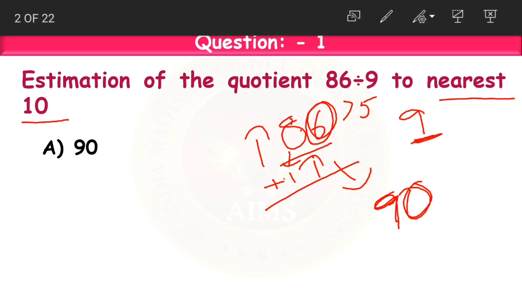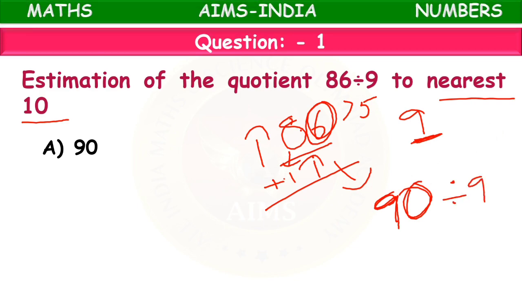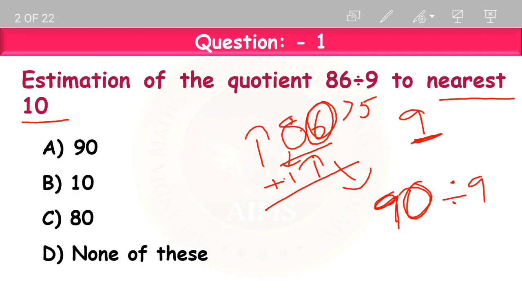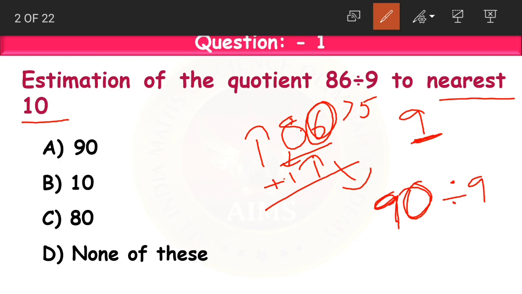What do we have now? 90 divided by 9. Now let us look at the options. Option A 90, option B 10, option C 80, option D none of these. Again students, remember, the question is not to estimate 86 to the nearest 10. The question is to estimate the quotient of 86 divided by 9 to the nearest 10.